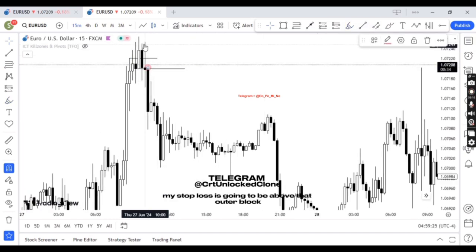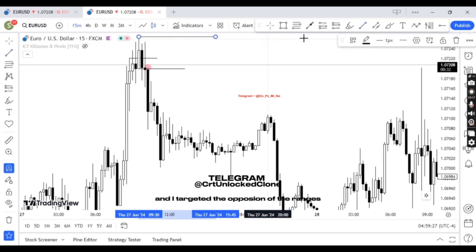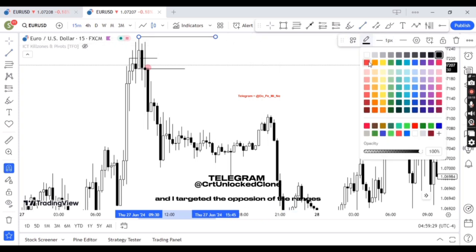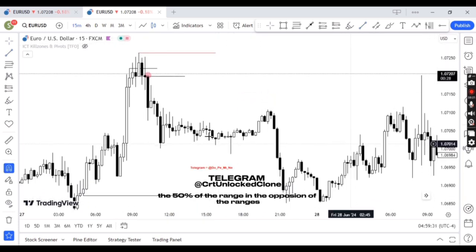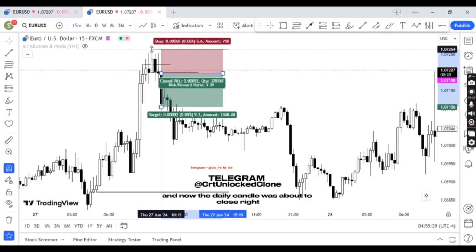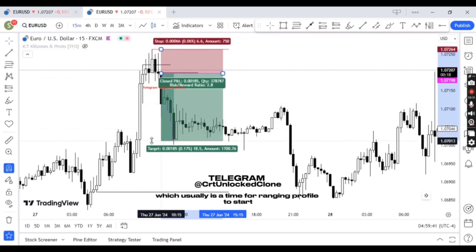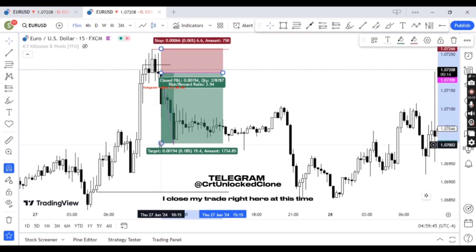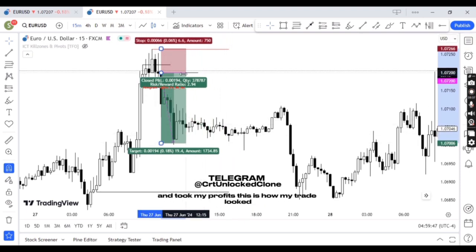My stop loss is going to be above that order block, and I targeted the opposing end of the range, the 50% of the range and the opposing end of the range. Now here what I did is only target 3 hours, because the daily candle had already capped and now the daily candle was about to close, right, which usually is a time for a ranging profile to start. So for that reason I closed my trade right here at this time and took my profits.